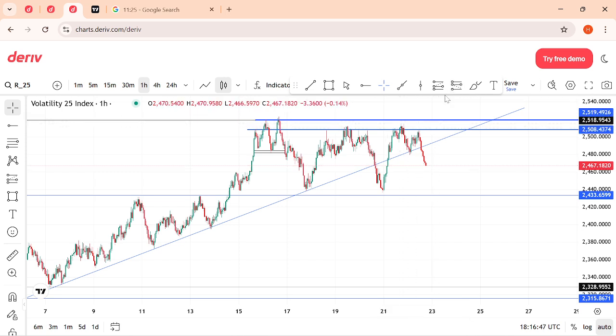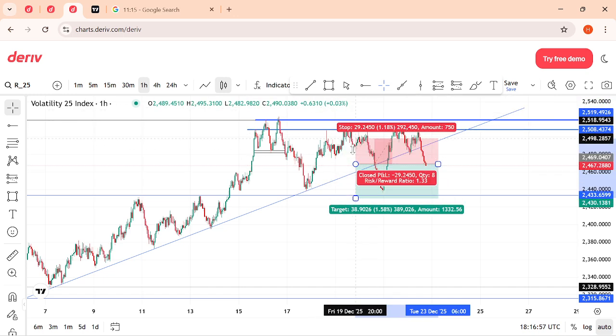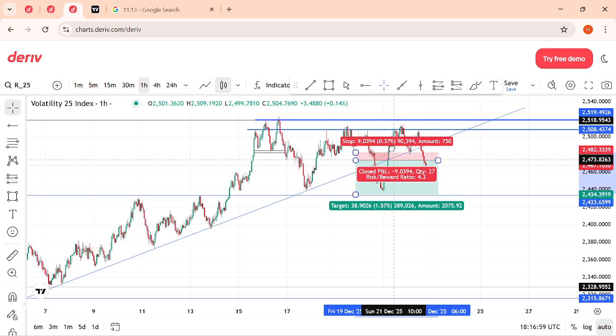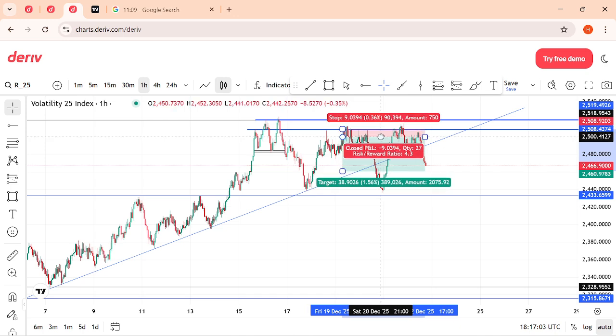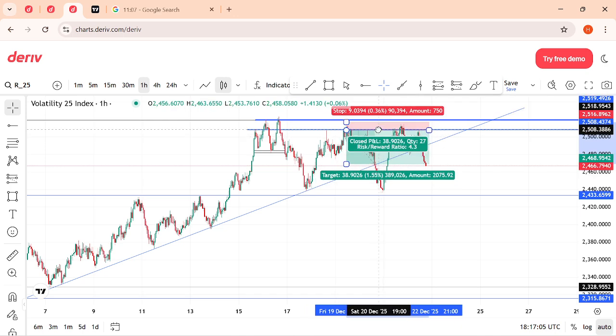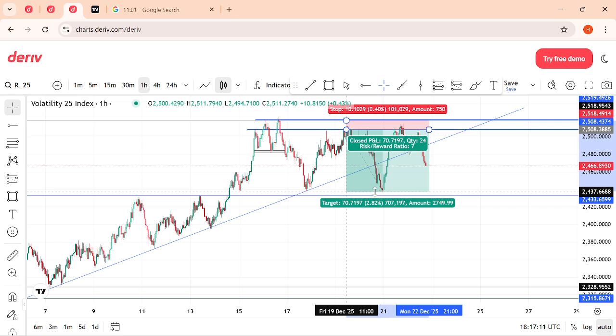So at the moment the first TP is this point. So this area is our first TP.